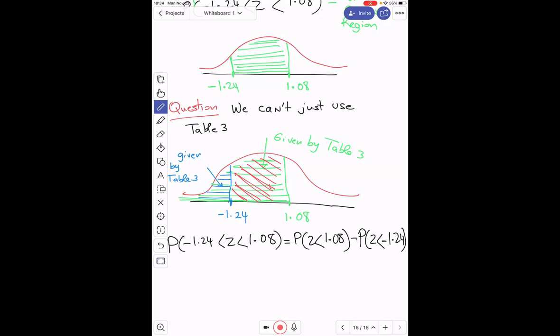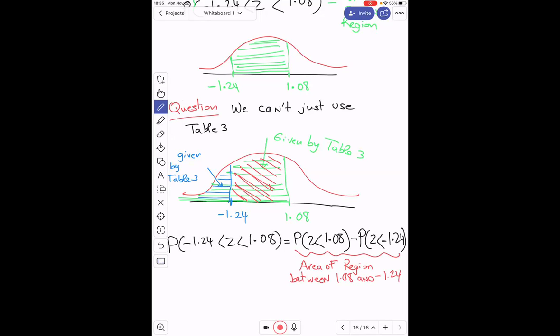The difference between the two regions is exactly the region between these two numbers, the area of the region between 1.08 and negative 1.24.